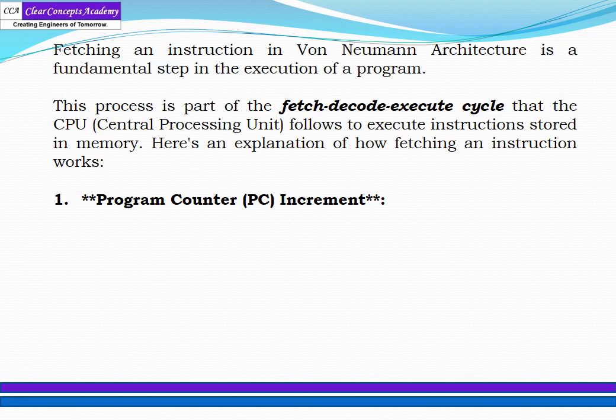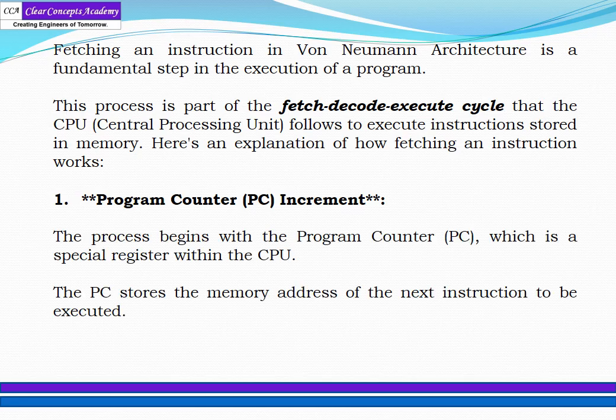Program counter is incremented. The process begins with the program counter, which is a special register within the CPU. First, it will read the address stored in the program counter, from which the instruction is to be brought.